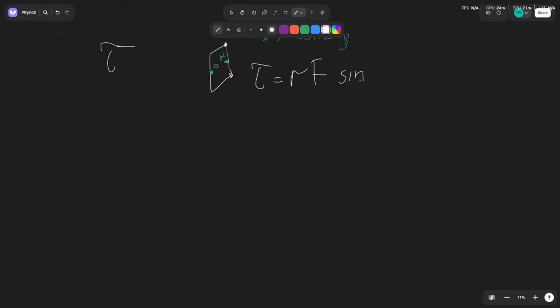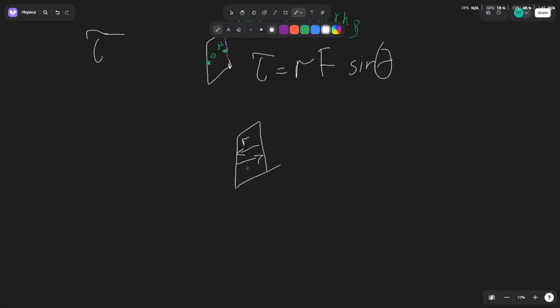Again, how can it be represented? What is sin? Sin of the angle. We got a door, and basically this is your radius, and this is the force where you apply it.